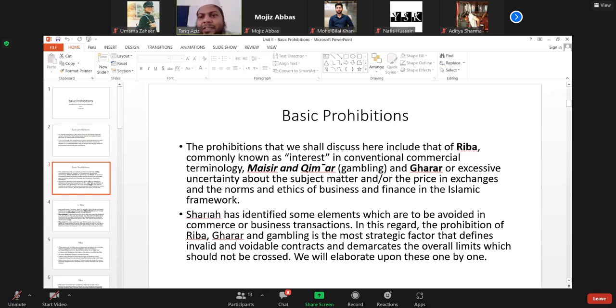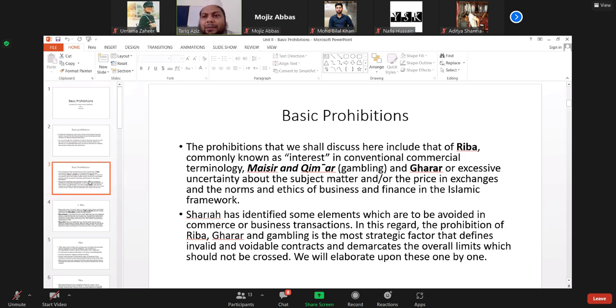So roughly we can translate riba as interest, but we can also translate it as usury. In conventional commercial terminology, the term interest has become very commonly used, so it is sufficient if we are using the word interest.